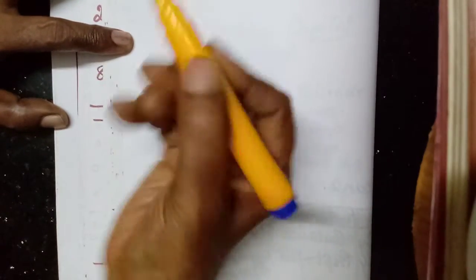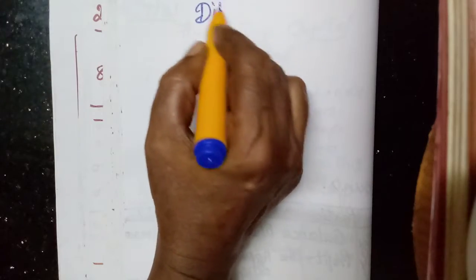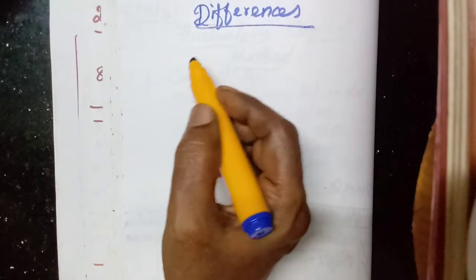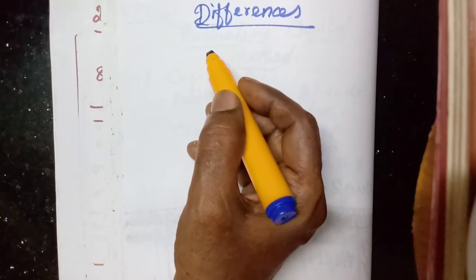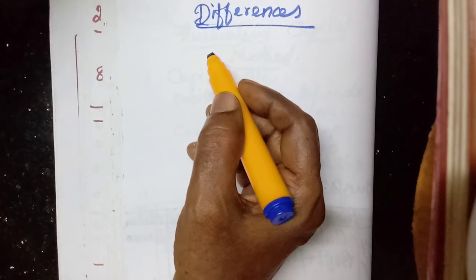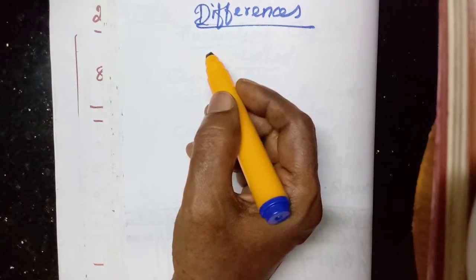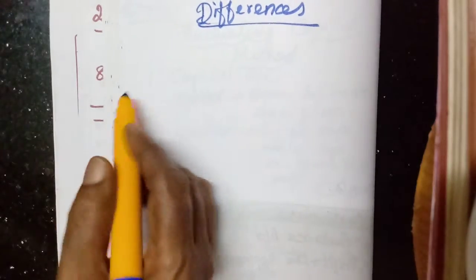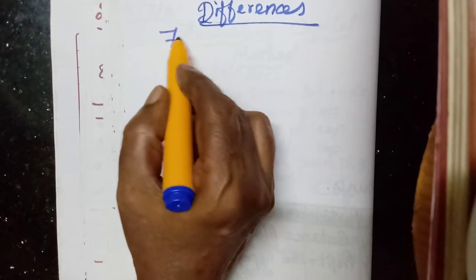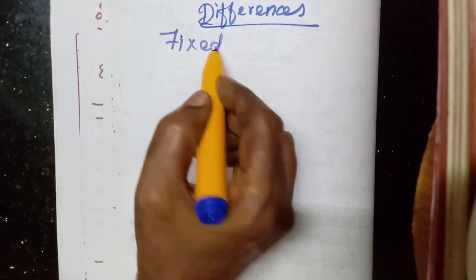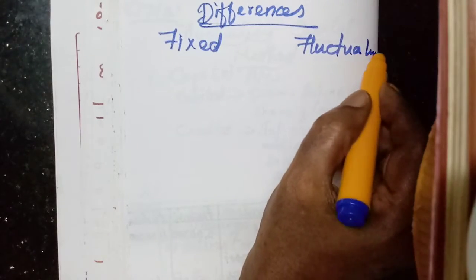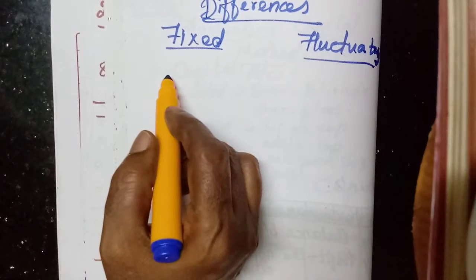Okay, now we will see the differences between fixed capital method and fluctuating capital method. Here first one, fixed capital method, here fluctuating. All easy differences only, but it will be very important, you have to learn.